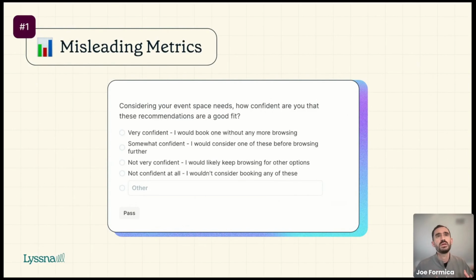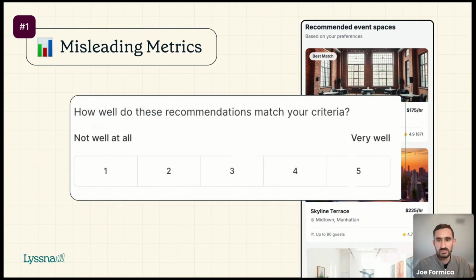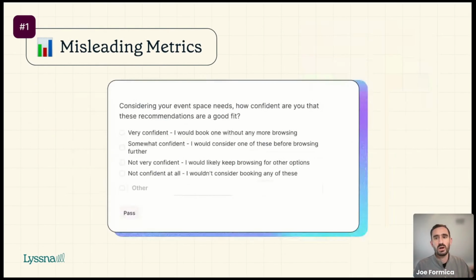Now, this might not be the perfect question, and there are almost unlimited other ways that you could improve on this one here. But the point I want to illustrate with this is the level of specificity. You're going to be able to look at these and not have to interpret what a 3.5 out of 5 means.